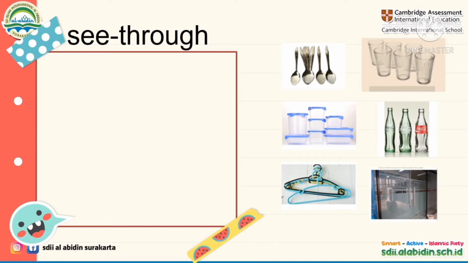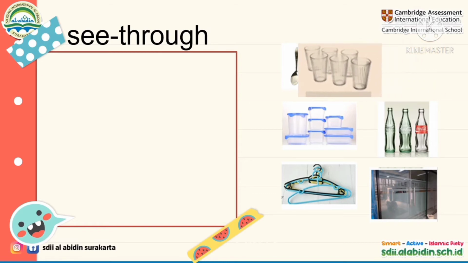Come on, who knows that? Maggie, do you know which one is the see-through material? Or if anybody knows? If you don't know, let's do it together. Which one is the see-through material?